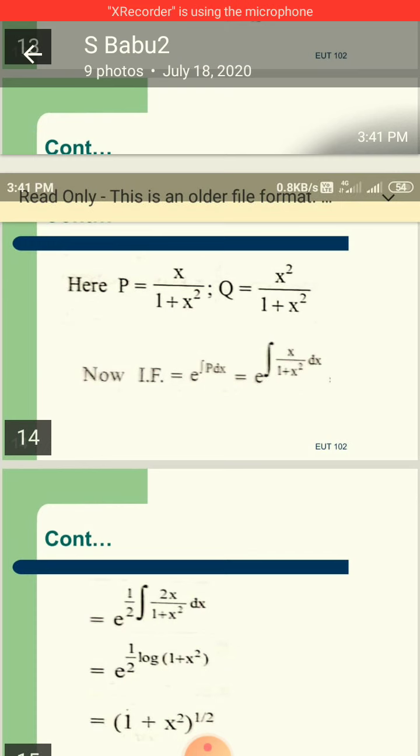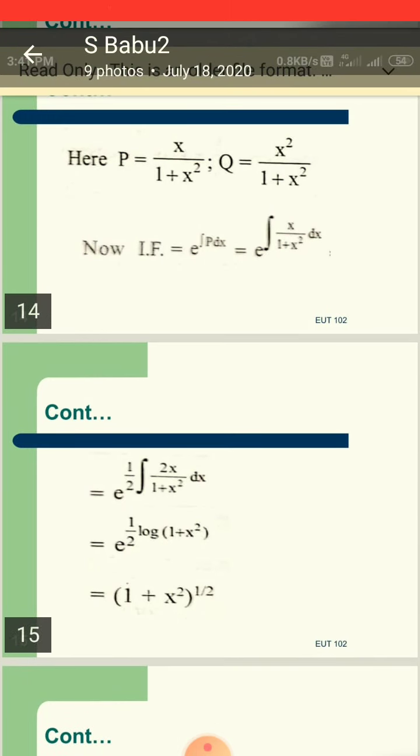Like that we could get. Now write integrating factor. We know the formula of integrating factor is equal to small e, that means exponential function, of integration of capital P with respect to x dx, which is e power integration of x by 1 plus x square dx.